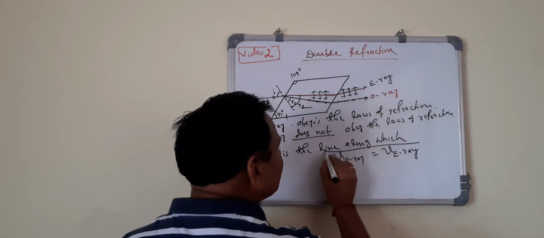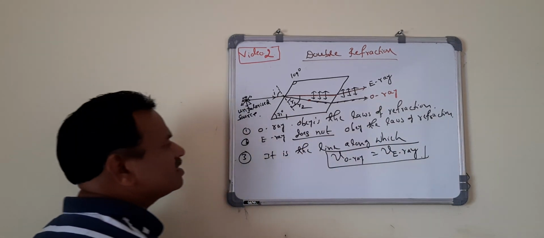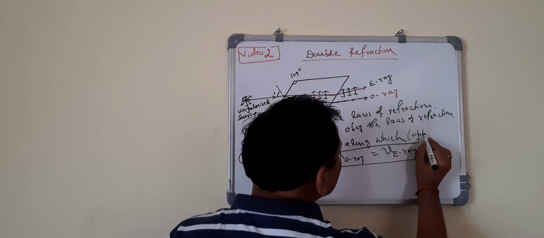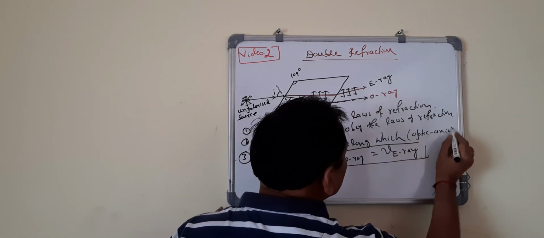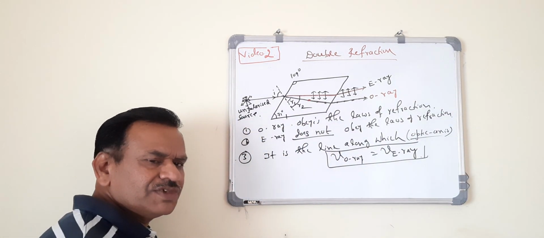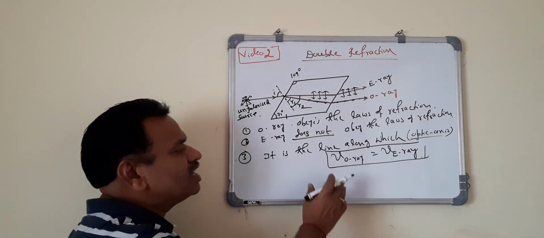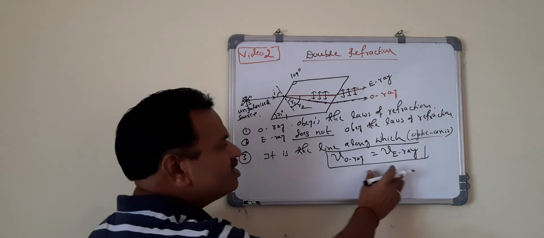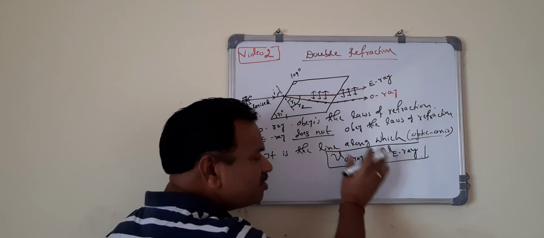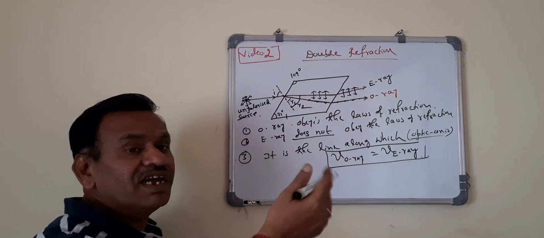This is an important point. It is a line, which line here? Optic axis. Along the optic axis, it is not just a line, it is a direction where the velocity for the ordinary is equal to the velocity for the what? Extraordinary. This is very important while understanding the Huygens wave theory.